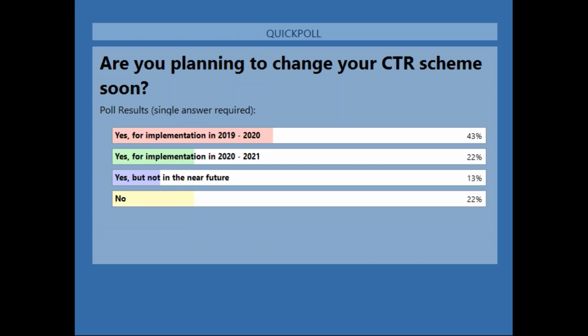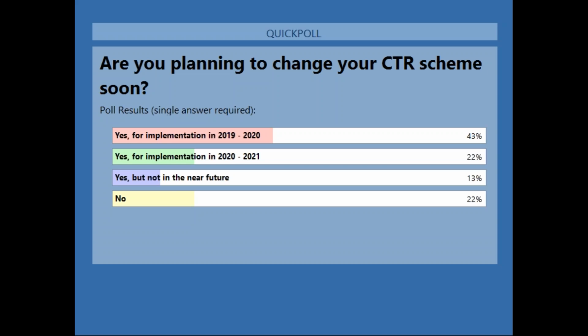I think those results on the screen are quite interesting. Zoe, would you like to make some comment on those results? Yeah, the sensible approach is to look well in advance, and 1920 is certainly what we're discussing with most local authorities at the moment. I do think it will depend on where local authorities are with universal credit. Some local authorities want to introduce the beginning of universal credit, but universal credit has its own challenges. We were hearing that from Jenny, the amount of additional work.